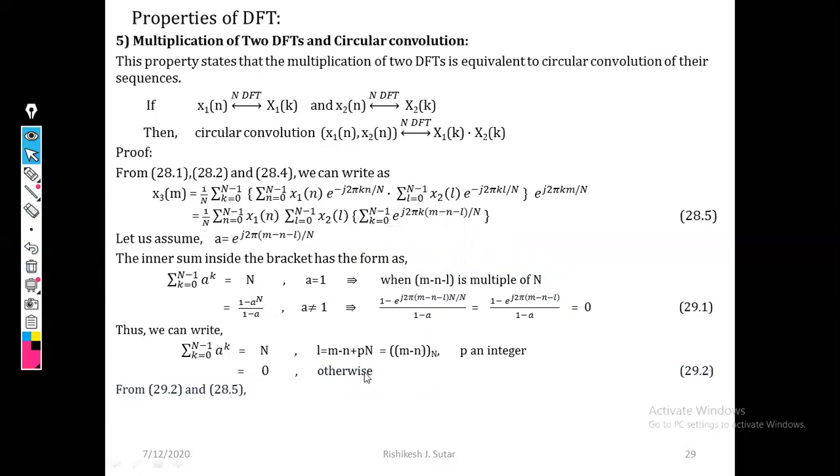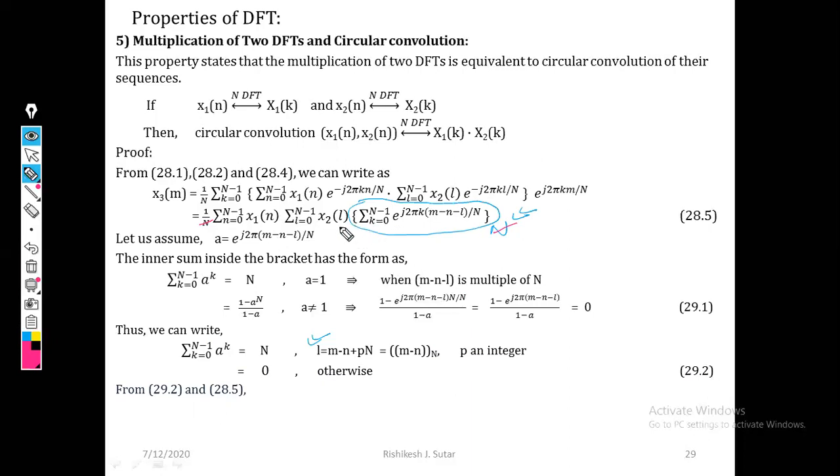So from this 29.2 and 28.5, what I can write is summation A raised to k, and instead of this, I'm going to write capital N. And since it is in the numerator, this N and this N will get cancelled.